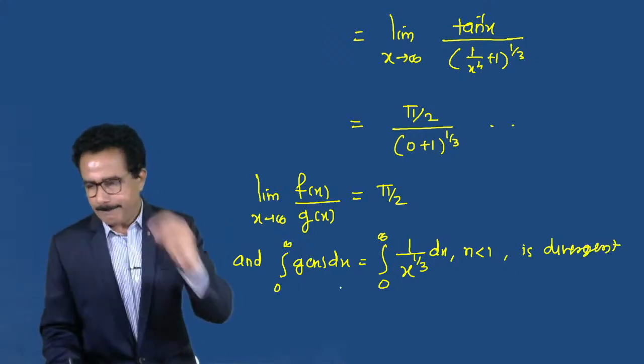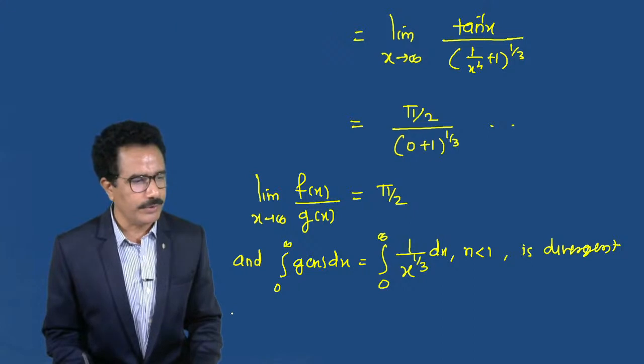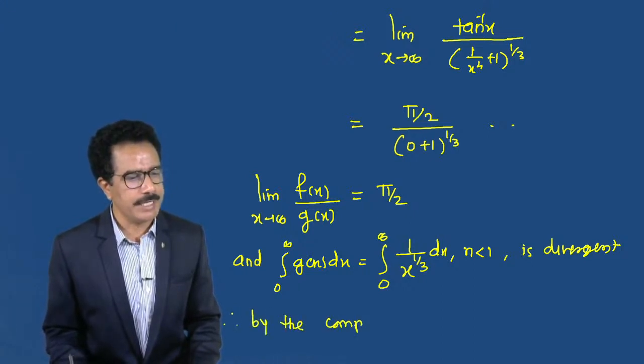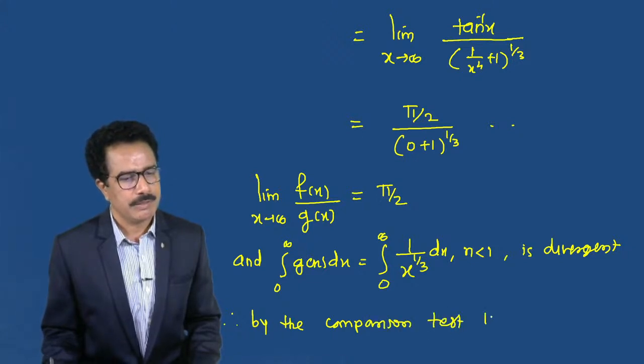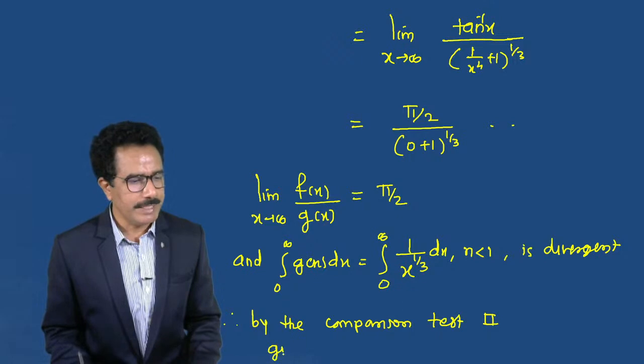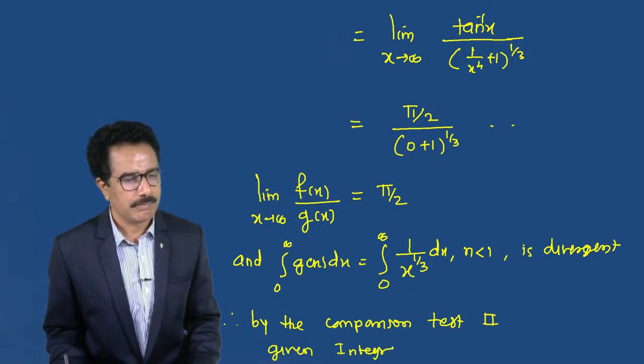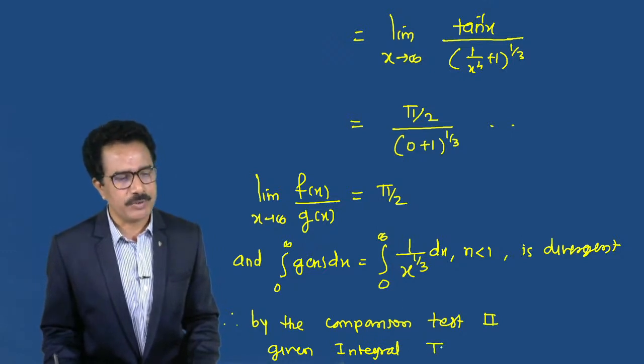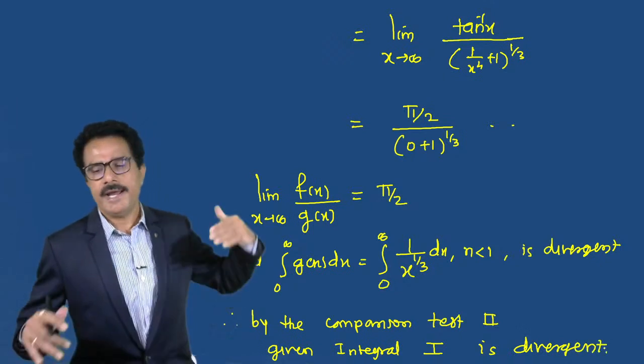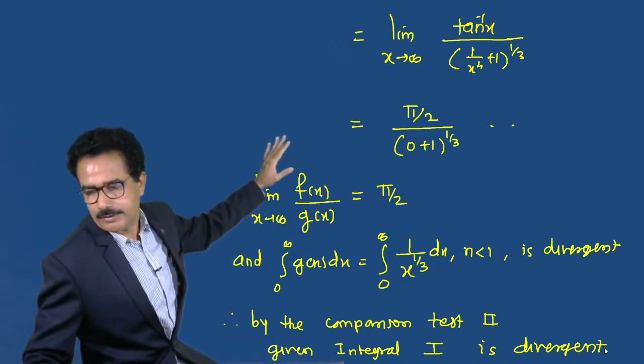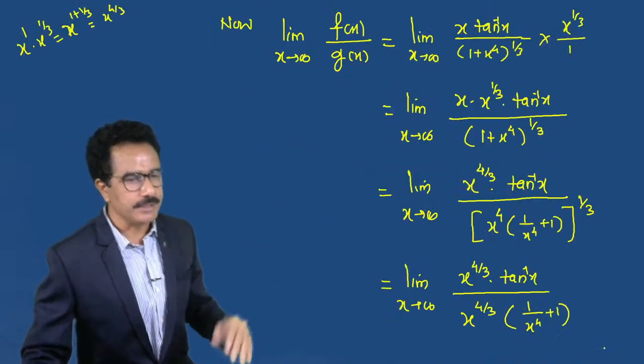So by the comparison test, the given integral I is divergent, and hence we can prove. This is how it is proved here.